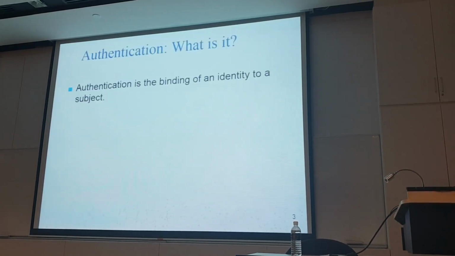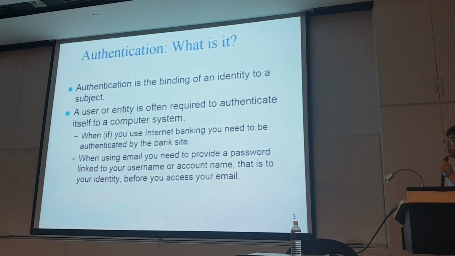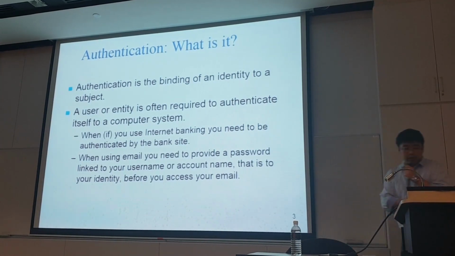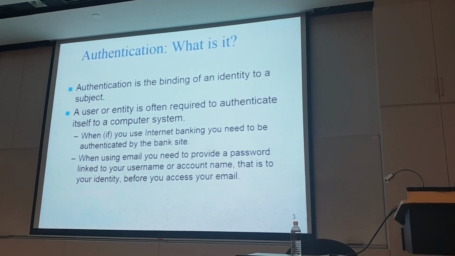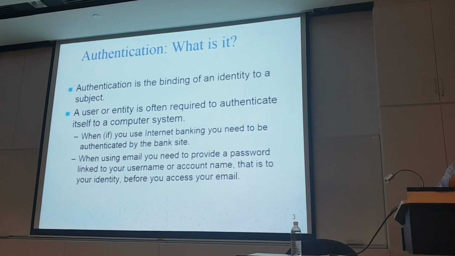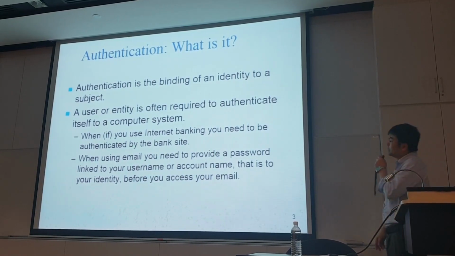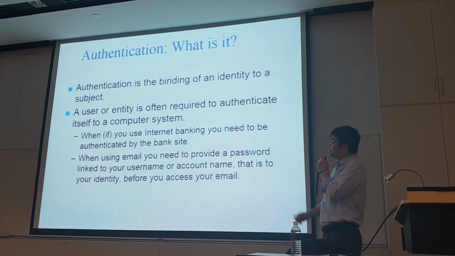We will look at how it works, and then I will explain what you need to implement in assignment 1, in the programming part. Okay, so we will have a break in the middle, probably. We will first look at some general concepts and some definitions related to authentication.